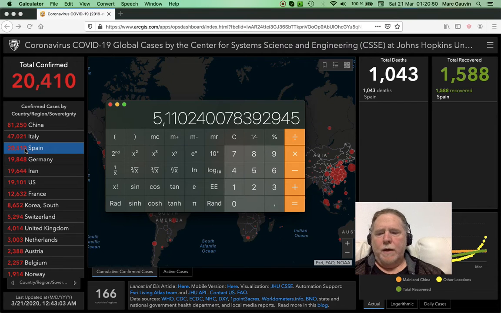So we have 20,000 cases in Spain, and a total of 1,000 deaths in Spain. So we have a mortality rate of 5%, okay? We just calculated the percentage, right?